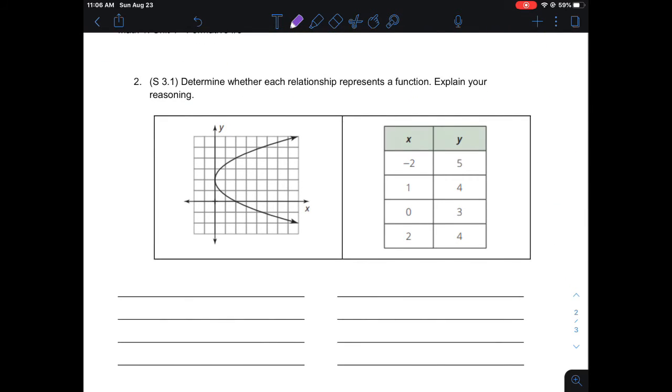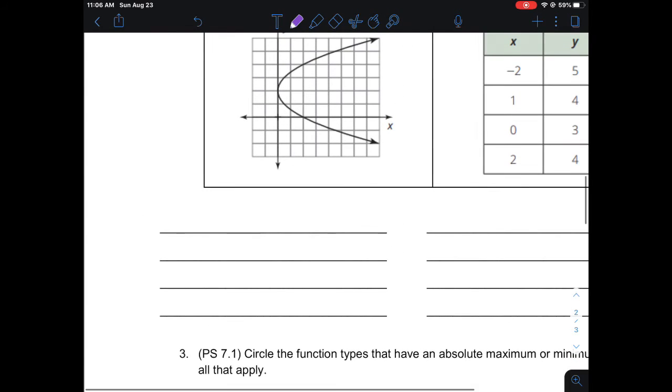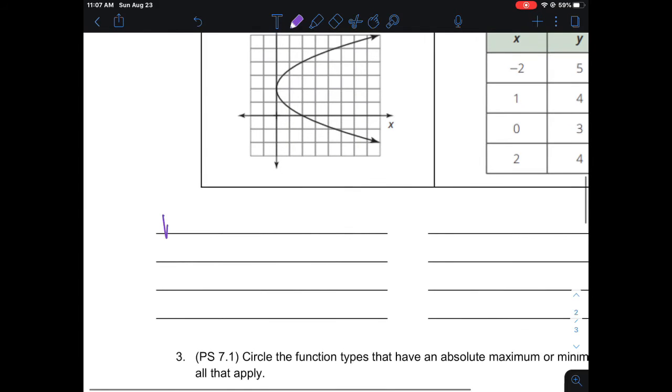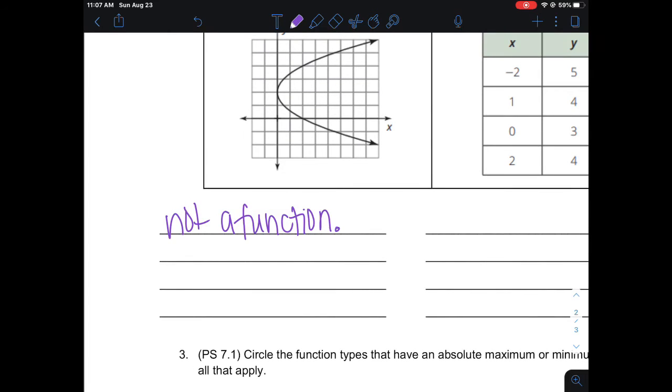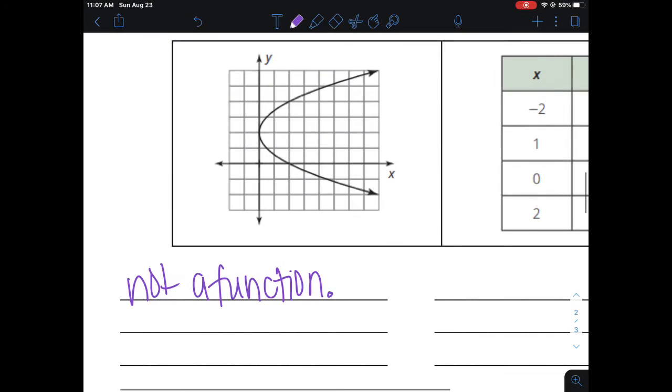All right. Determine whether each relationship represents a function. Explain your reasoning. Okay, so for this first one, this one is not a function. And then we need to explain why. So remember, a function has one x value and one y value. But for this particular graph, at x equals 2, this purple line is x equals 2. We have 2 y values.